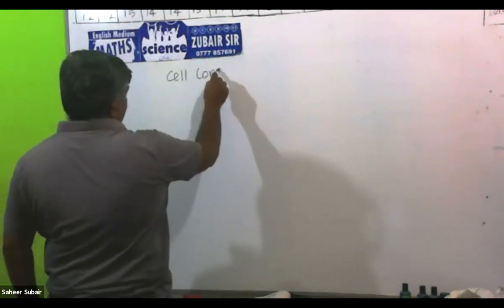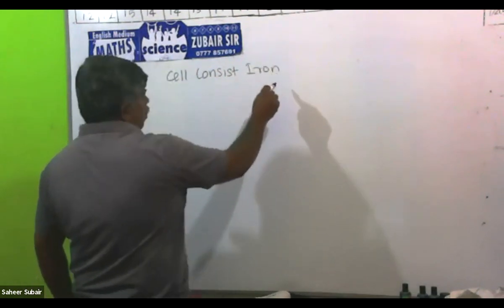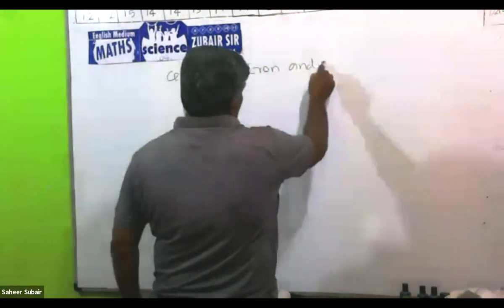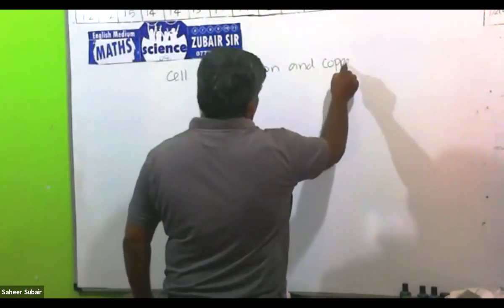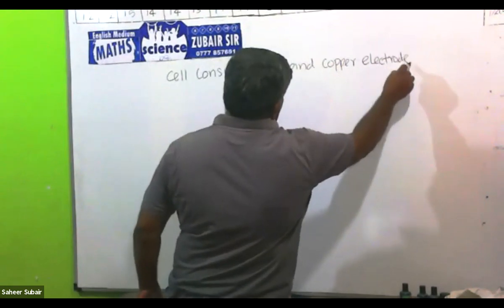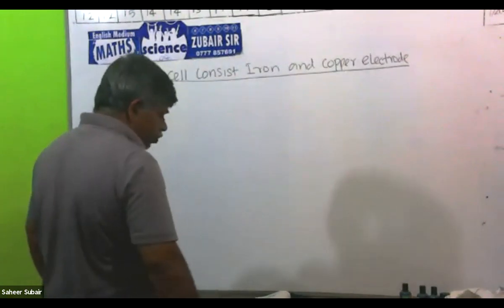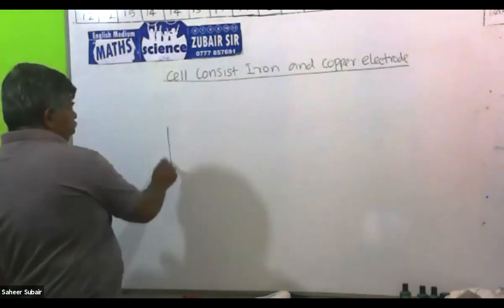Cell consists of iron and copper electrode. Then it is like a normal cell.